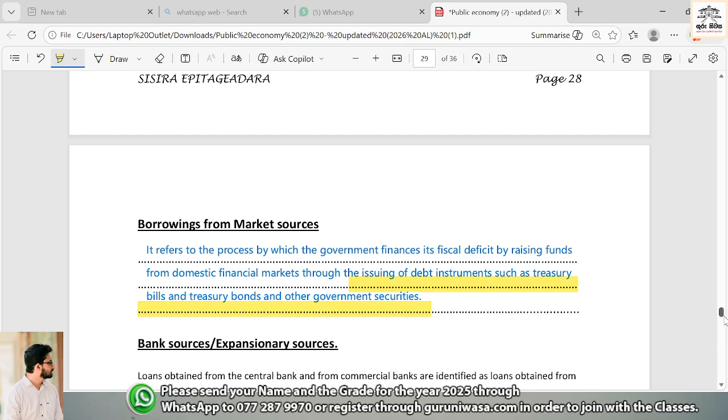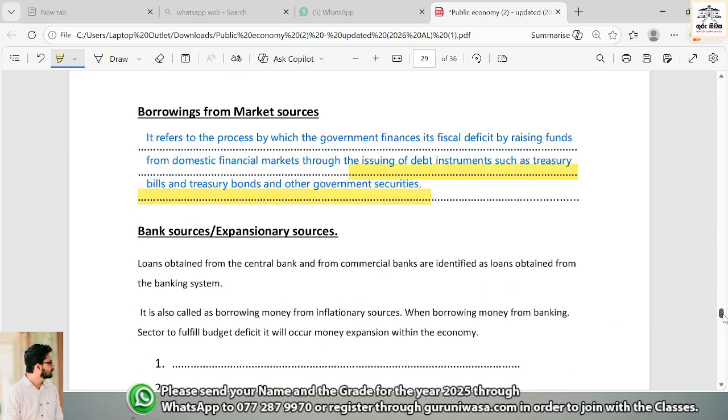Right. Next one, bank sources or expansionary sources. Loans obtained from the central bank and from commercial banks are identified as loans from bank sources. It is also called borrowing money from inflationary sources.